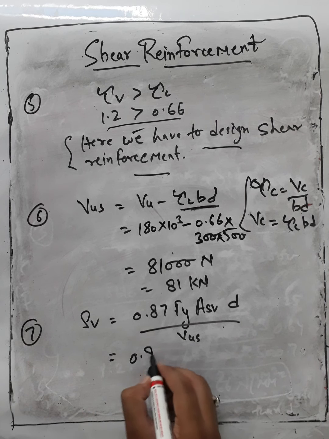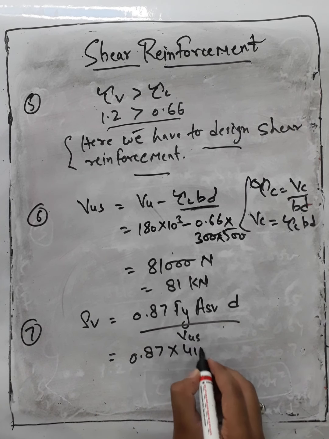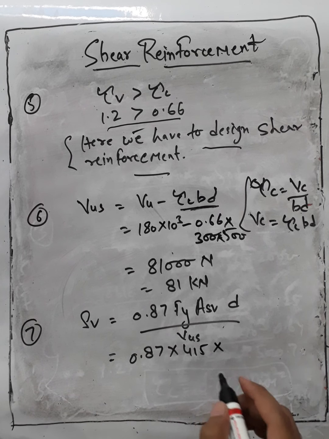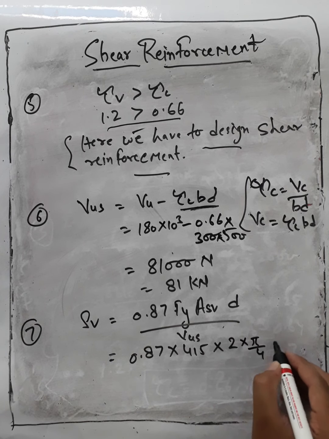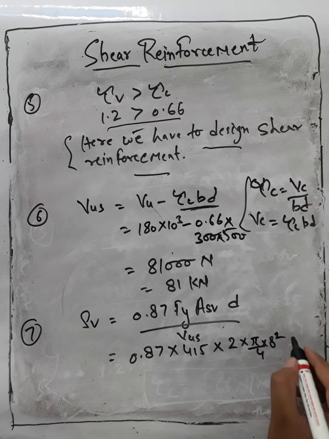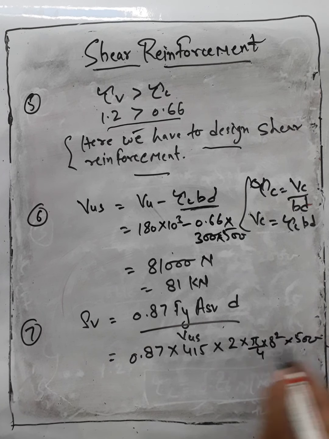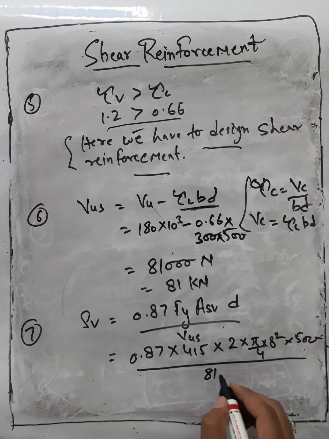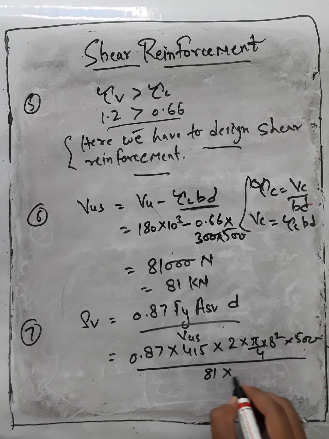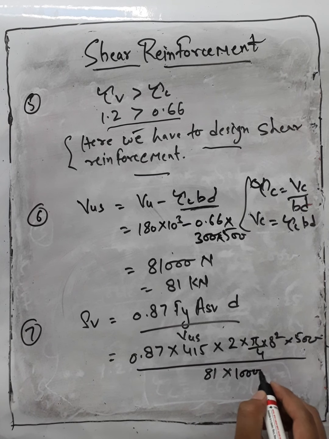So 0.87 Fy is 415 into ASV, where ASV is for two-legged stirrups of 8 mm dia, and small d is 500, divided by VUS, which is 81 kilonewton, or in Newton, 81 into 10 raised to the power 3.